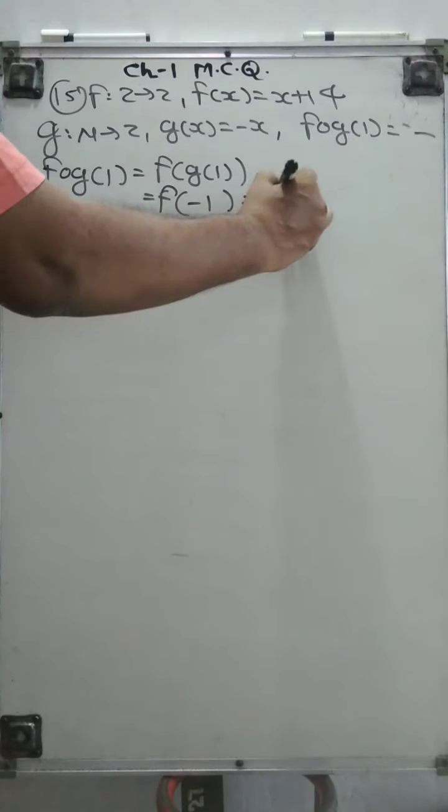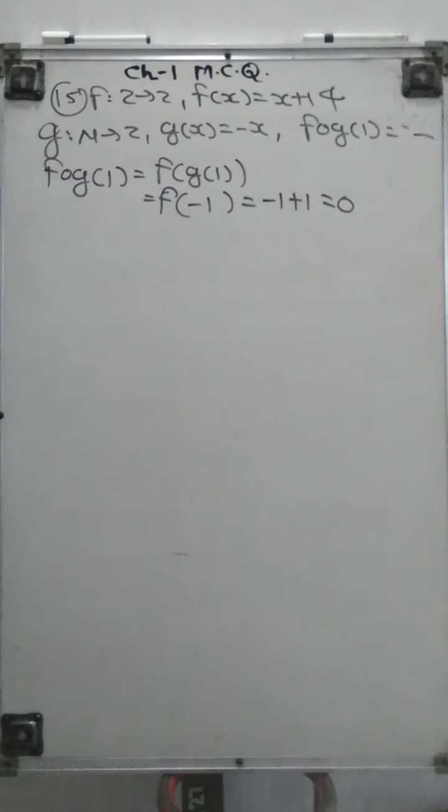So our answer will be 0. Right? So this way we can obtain the answer, which is 0. So not necessarily that always the answer is not obtained. Here the answer is obtained, which is 0. Okay? Then we go for the next one.